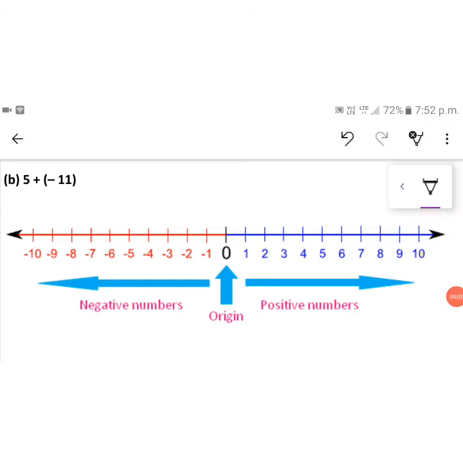B part, 5 plus minus 11. First we move 5 steps to the right from 0.